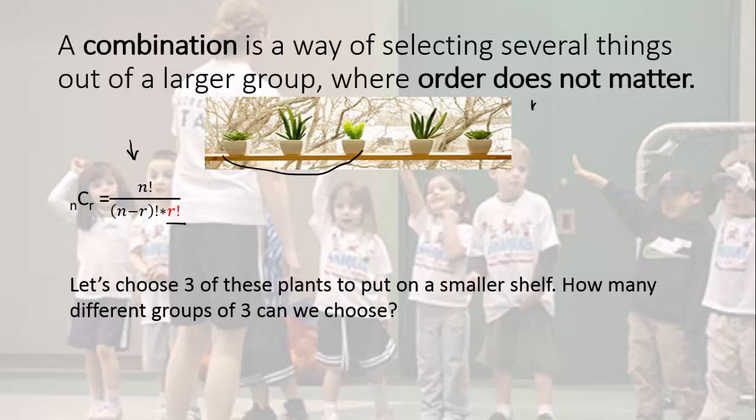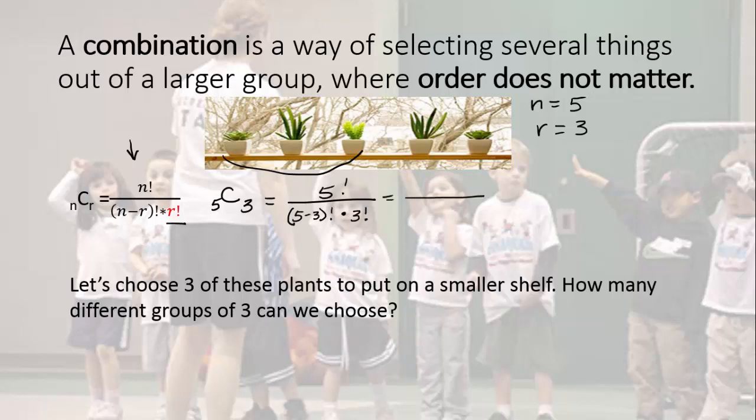So for this problem, the total population is 5 plants, and our groupings are 3 plants each. So those are our 2 variables for the formula. We're looking for C(5,3). We've got 5 factorial in the numerator, and 5 minus 3 factorial times 3 factorial in the denominator.